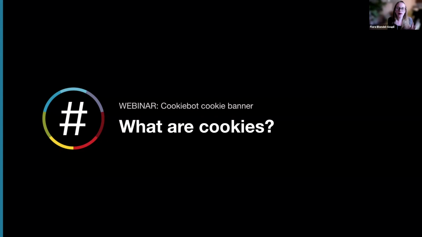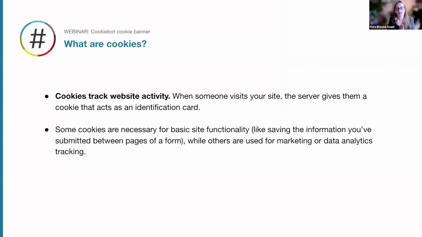Now if we go back to the original subject of this webinar, the Cookiebot cookie banner, let's start with talking about cookies. So what are cookies? Cookies track website activity. When someone visits your site, the service gives them a cookie that acts as an identification card. Depending on the type of cookie, the browser may store that cookie during their session or pass it back to the server upon each return visit to that site.